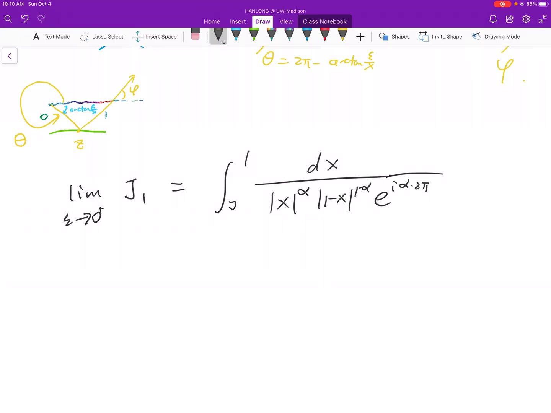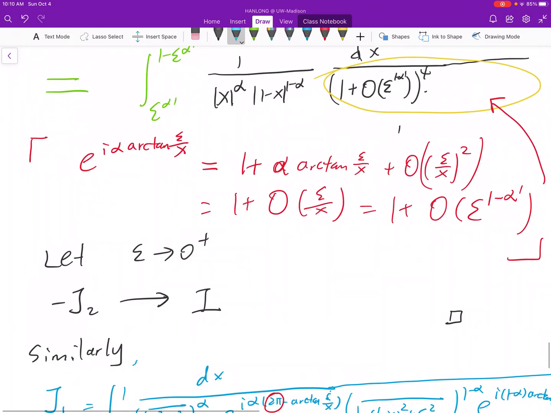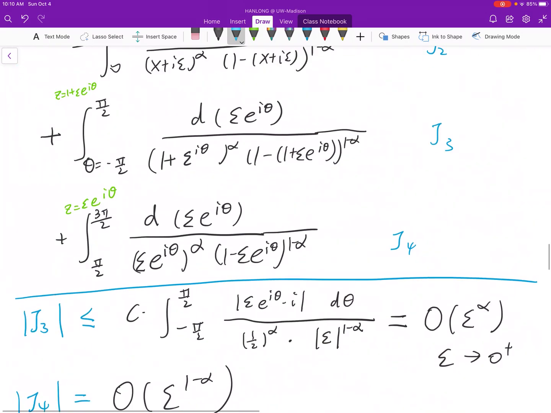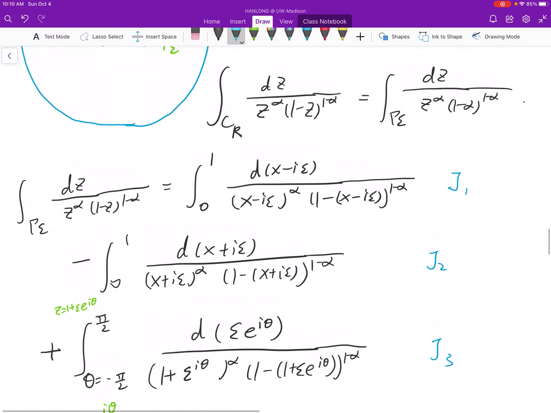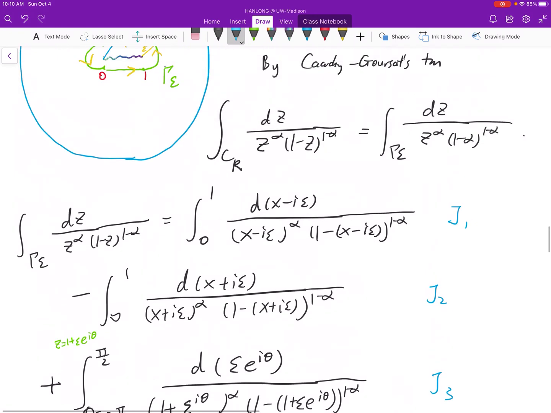And we combine the left-hand side. So the left-hand side of the corollary of the Cauchy-Goursat theorem, just this one.